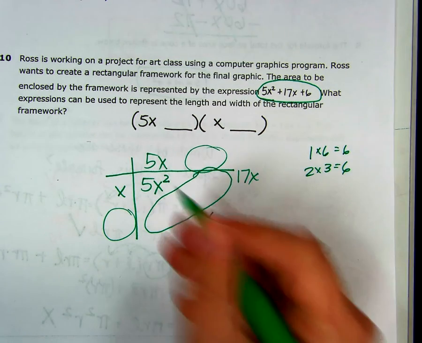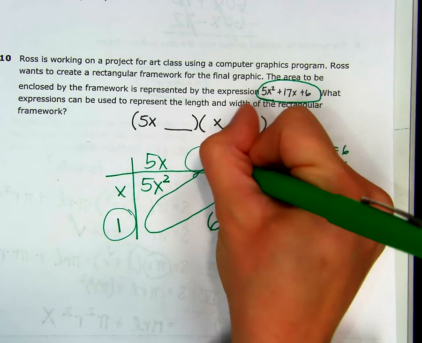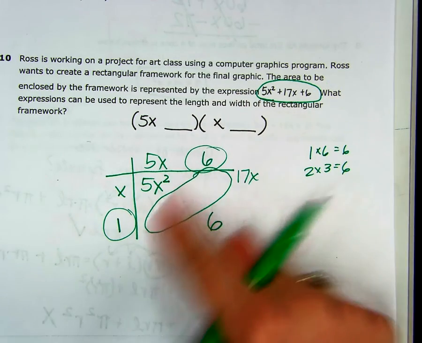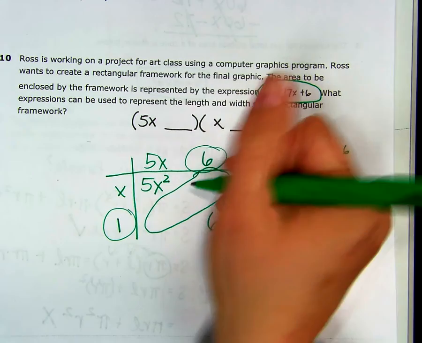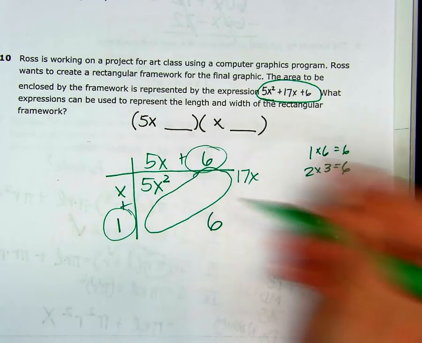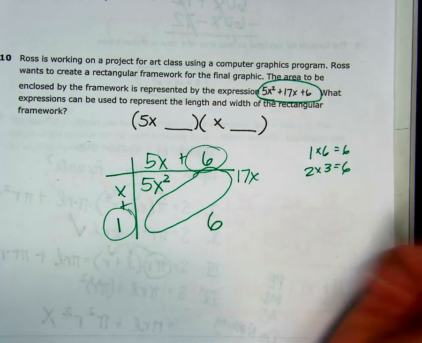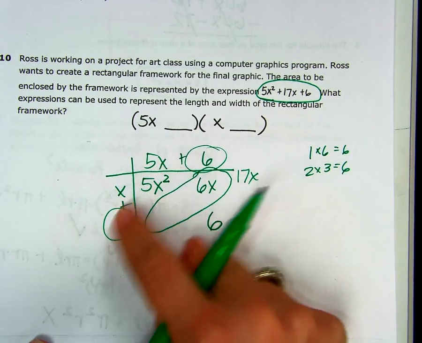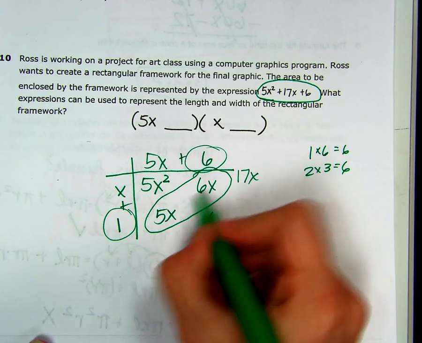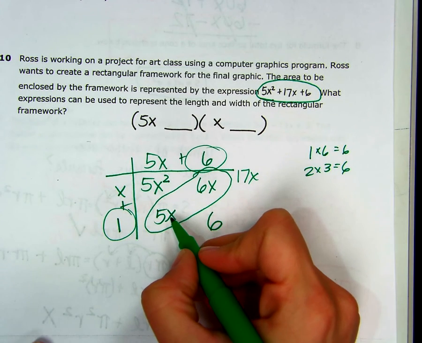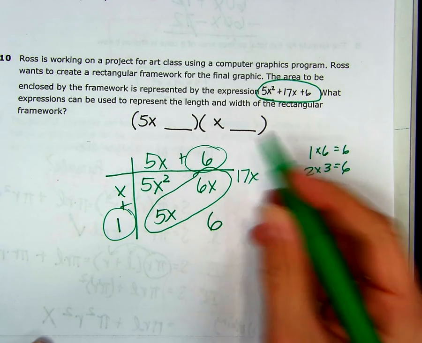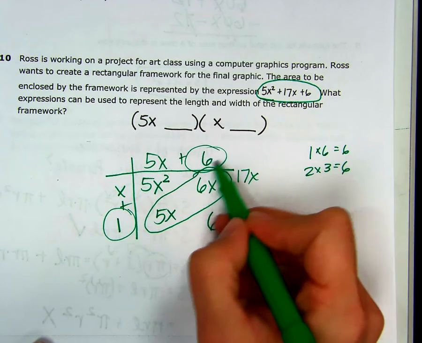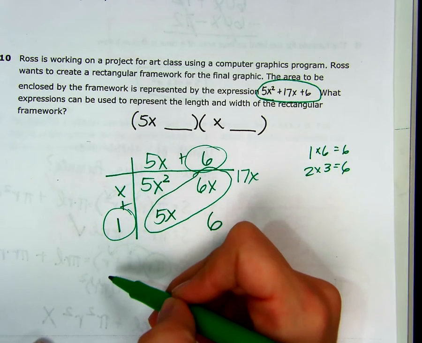Let's try 1 and 6. I don't know which one goes in which spot. I'm just taking a guess. I'm going to see how it turns out, and if it doesn't turn out right, then I'll take another guess. So 6 times x would make 6x, and 5x times 1 would make 5x. Oh, that adds up to 11, not 17. So it's not 1 and 6.